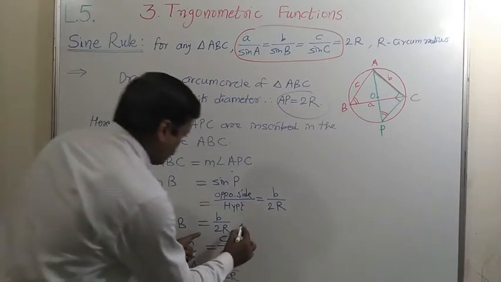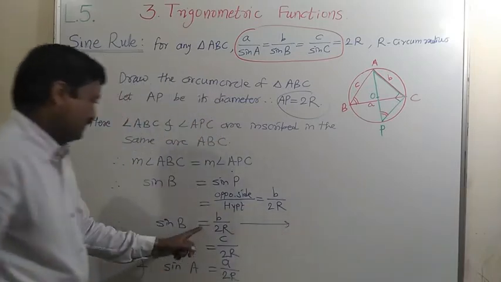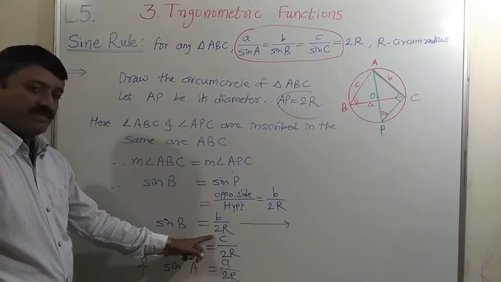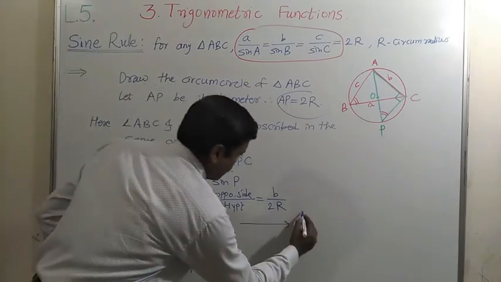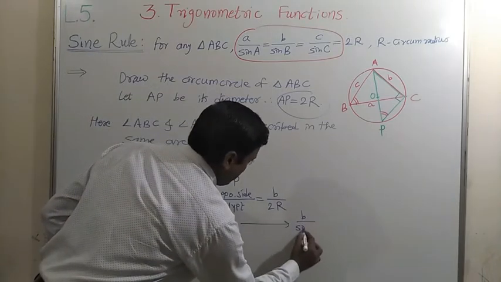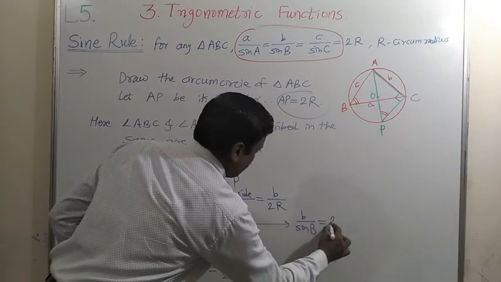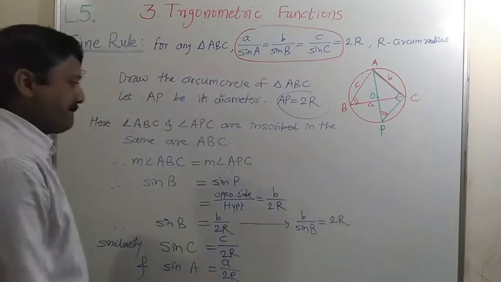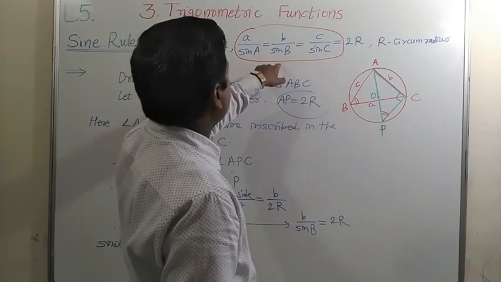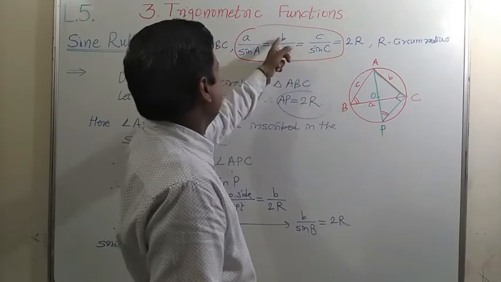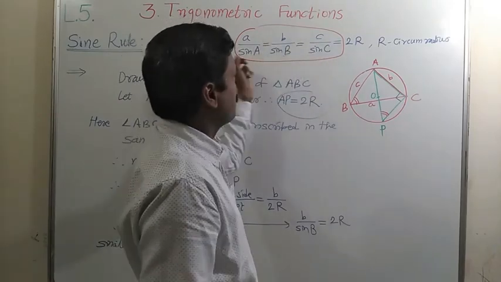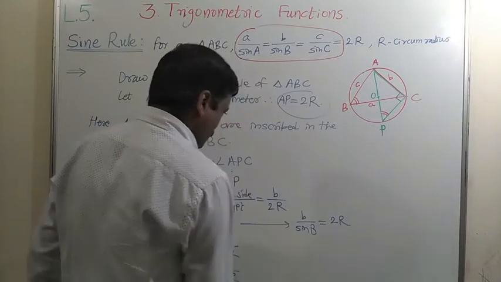From this result also, we get b upon sin B is equal to 2R. This b upon sin B is nothing but 2R, equal to this, also equal to this. So all these are equal ratios.